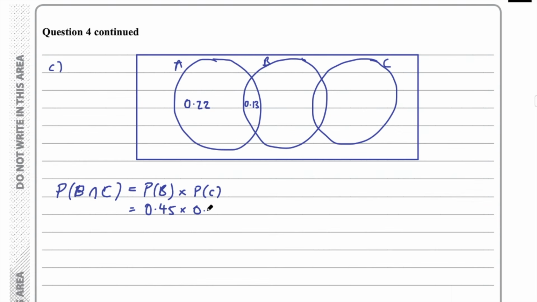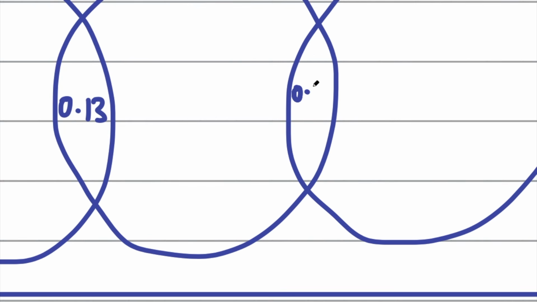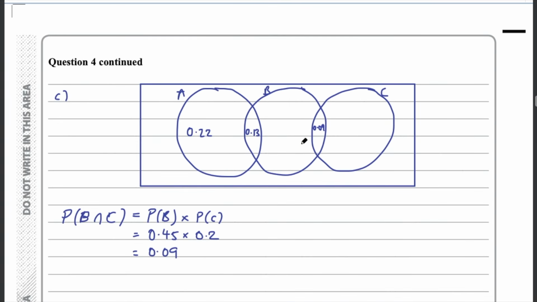Probability of C was 0.2. And if we multiply those together, we get a probability of 0.09. Okay, so that was probability of B intersect C, and that goes right in here on our Venn diagram. Okay, 0.09. Now we can go ahead and fill in the rest.